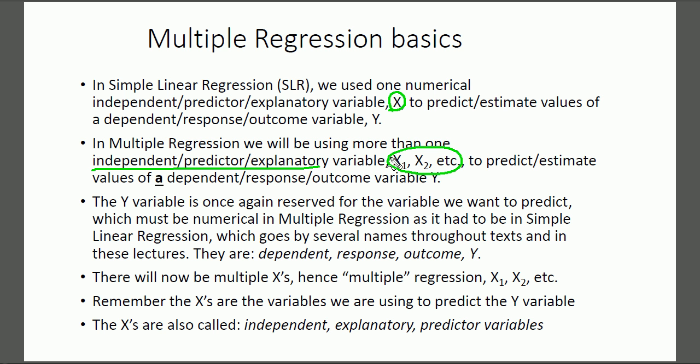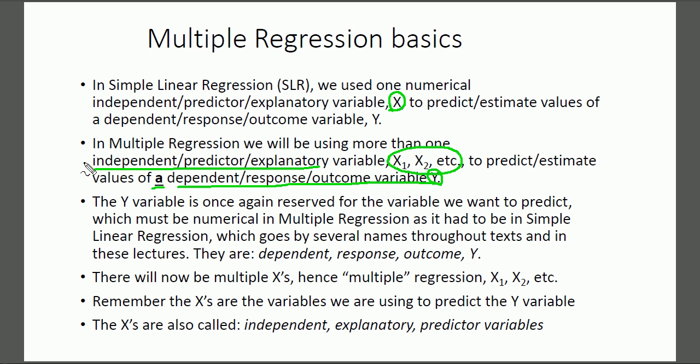But we still want to predict a single dependent variable y, and that has to be a numerical variable, so that doesn't change. The only real change is we have multiple x variables that we're going to use in order to predict the one variable we want to predict, which is the y, the dependent.